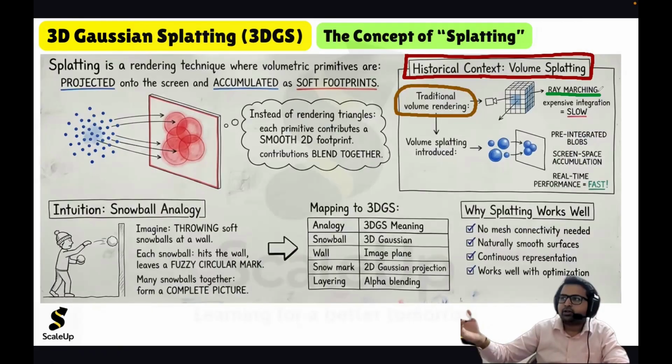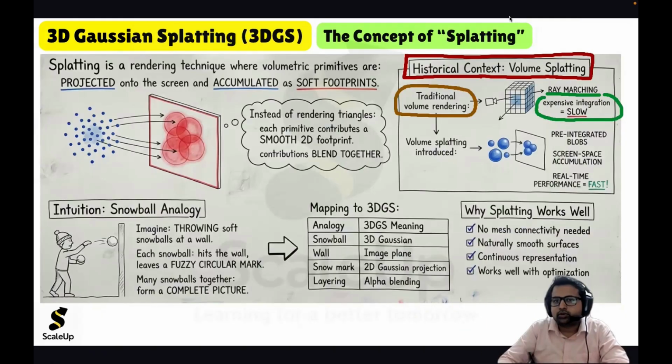That neural network gives us the 3D representation of that point, like what the color should be. That is ray marching. It is expensive and slow, because the neural network takes time to generate the response, and for every point we have to send it to the neural network one by one. So traditional volume rendering was very inefficient.